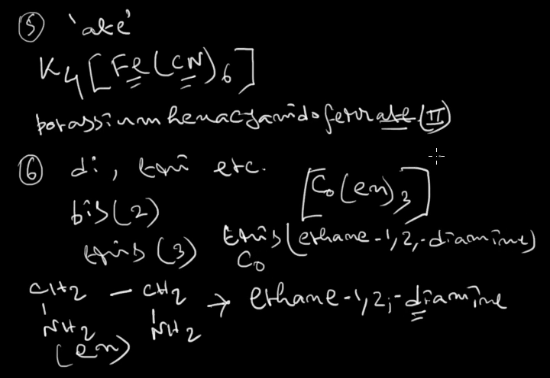The charge of the complex is +3. Cobalt(III). So if the ligand name contains the word di, tri, etc., we cannot use di or tri. To represent number 3, we use the term tris, not tri. This is all about IUPAC rules of complex compounds.